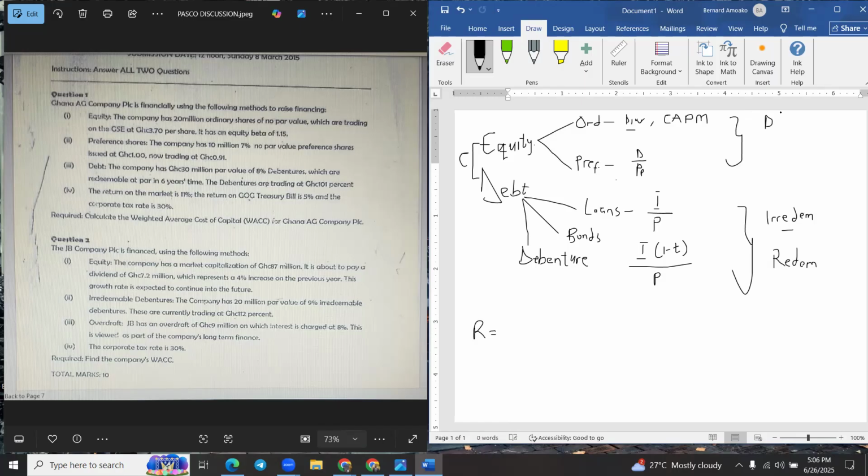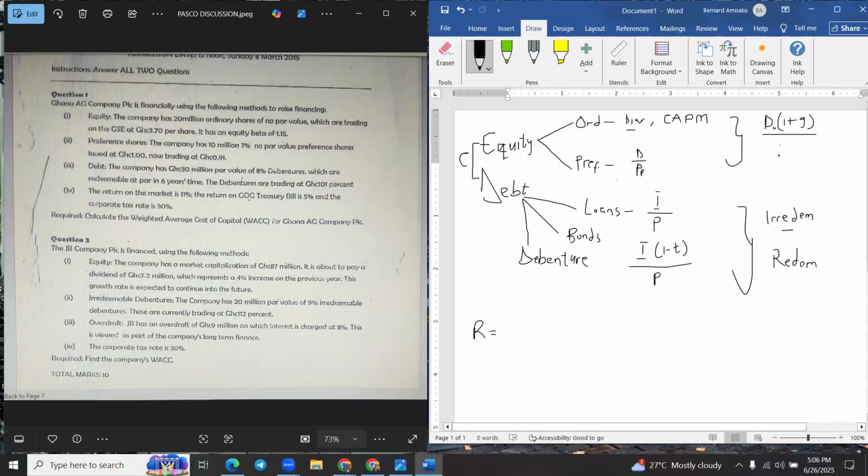So that is the dividend yet to grow, multiplied by 1 plus the growth rate, all divided by the market price plus the growth rate again. Now, this is in an exceptional case whereby you have to use a dividend growth for the ordinary share computation. But for the preference share, it's just your dividend divided by the market price.